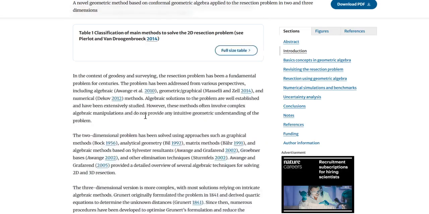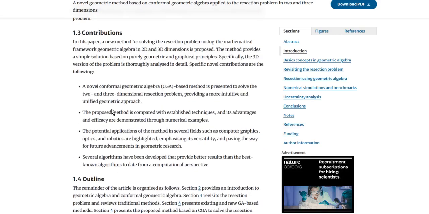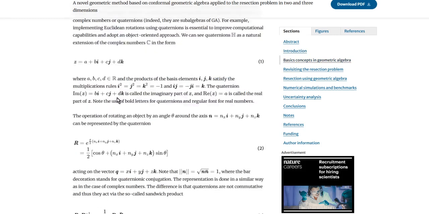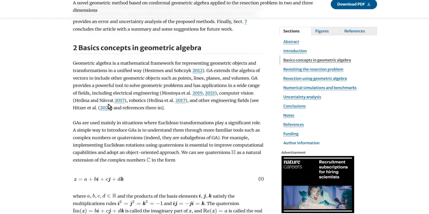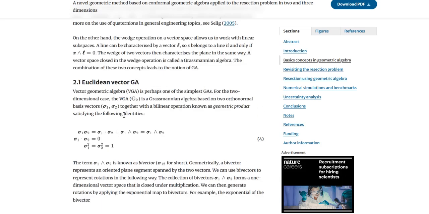There's motivation, background literature review, of course, and the contributions that this article makes, and a review of some basic concepts of geometric algebra. And the first solution is by Euclidean vector geometric algebra, which they will call VGA.